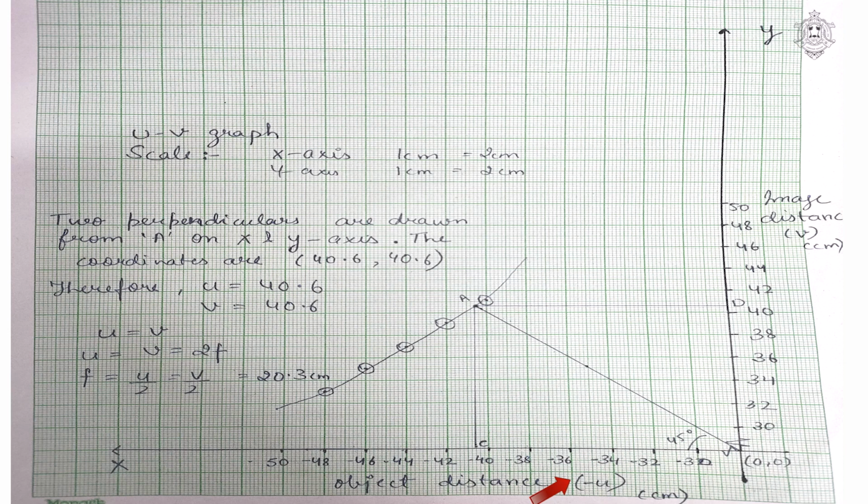Okay, our first graph, that is between U and V, comes to be a rectangular hyperbola. As you can see in the image, we have drawn a line at an angle of 45 degrees from both the axes crossing this graph at point A. From point A, we draw two perpendiculars on axis X and Y, that is at points C and D. Now the distance of OC is taken as U and the distance of OD is taken as V, that is image distance.